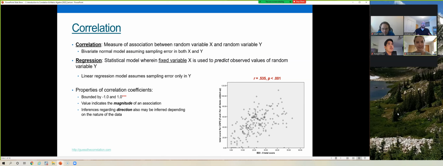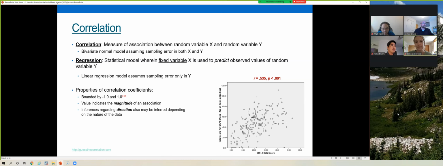Now, it's important to remember that for psychology, a lot of the stuff we're working on, the scale is arbitrary. Do higher levels mean more or lower levels mean more? So the sign is often arbitrary, and we're generally less worried about the direction, so long as we know it's going in the right direction. We're more interested in the magnitude, but it's important to know these are the pieces of information that we get in that correlation coefficient.